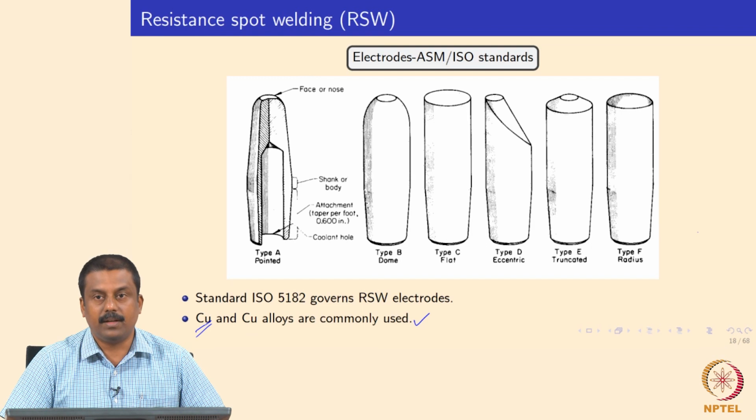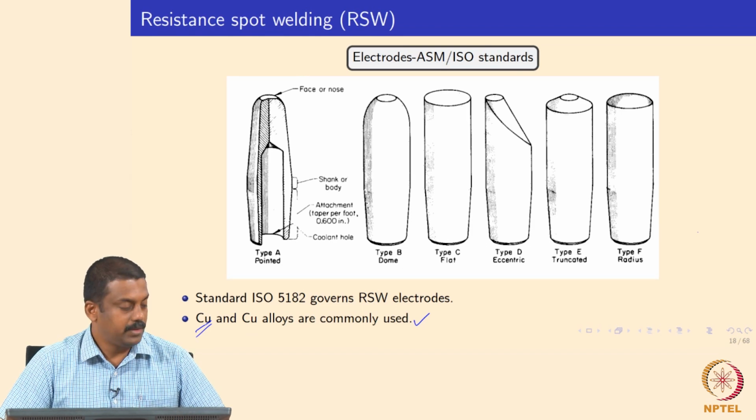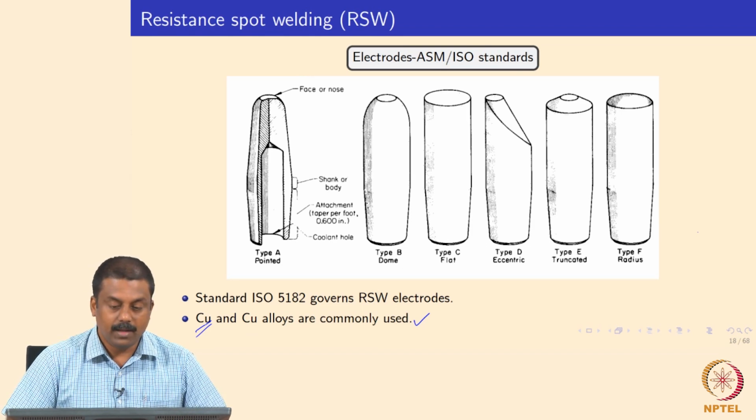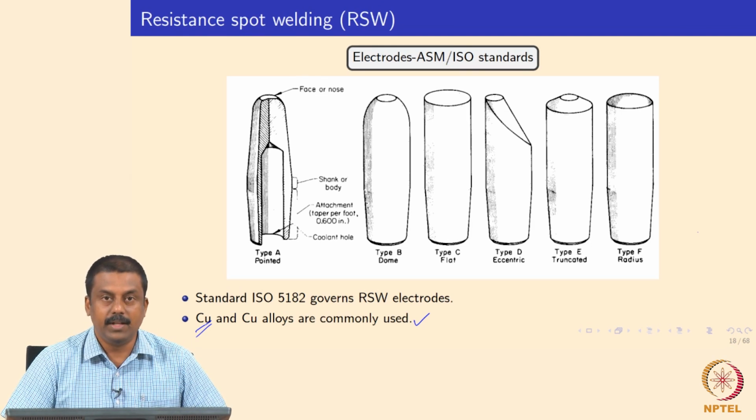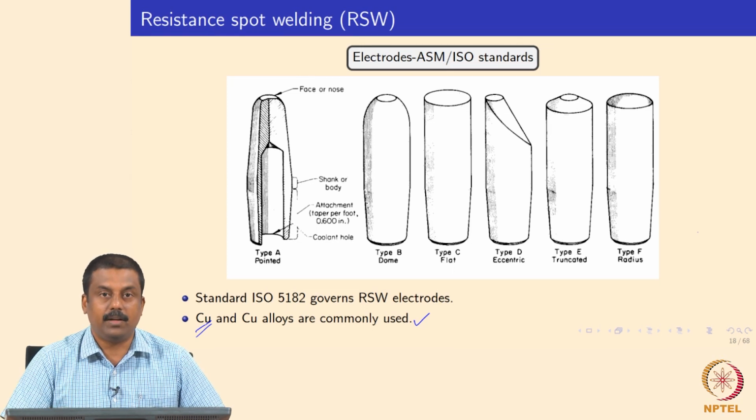Because of zinc diffusion towards the electrode, the copper can form bronze or brass based on the galvanized layer's composition, so that the electrode's surface characteristics deteriorate over the period of usage. We are not going into detail about those aspects. We will concentrate on the main process considerations as well as metallurgy.